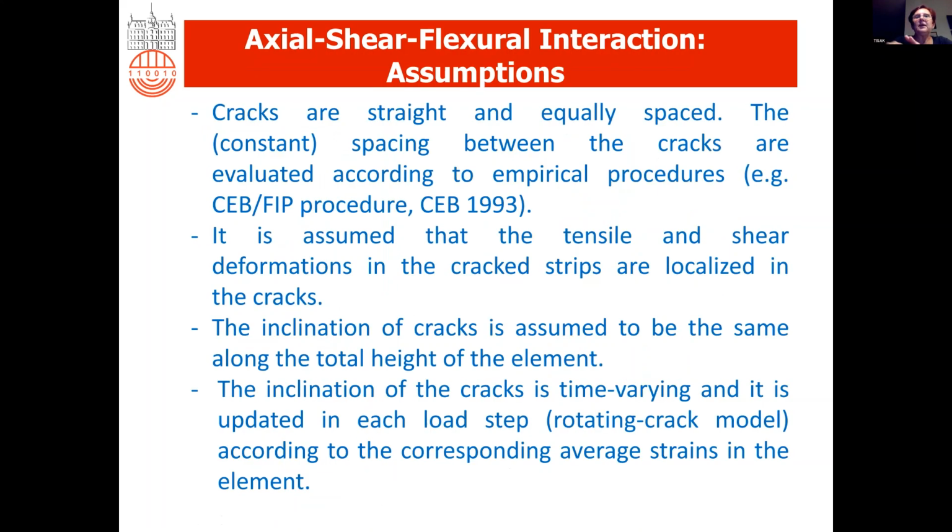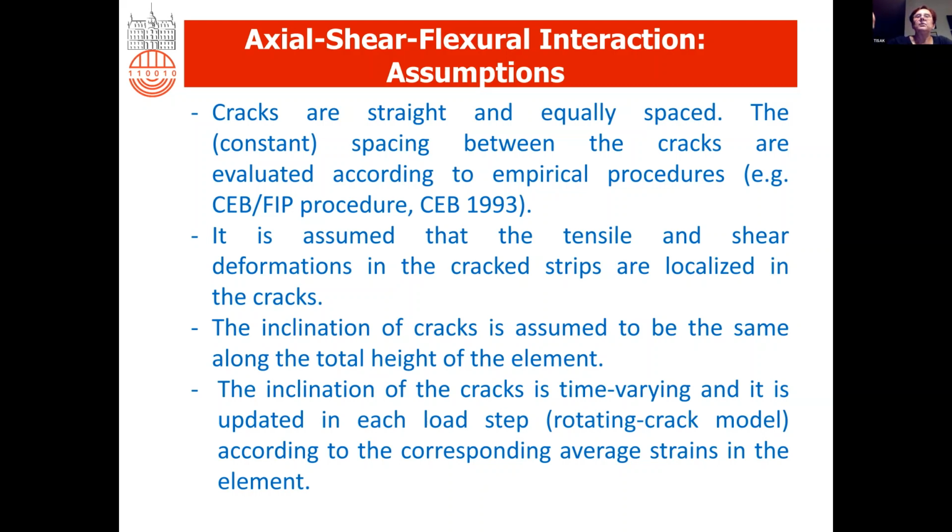There are some basic assumptions that were taken into account when this element was developed. So the problem is quite complex, and since this element is still force-displacement based, some assumptions should be taken.